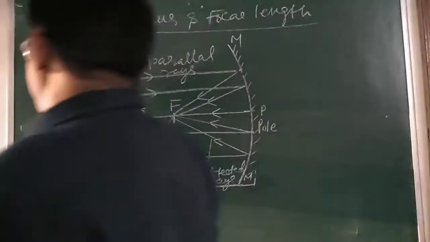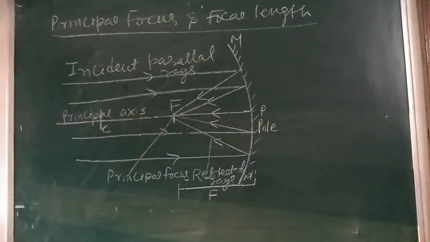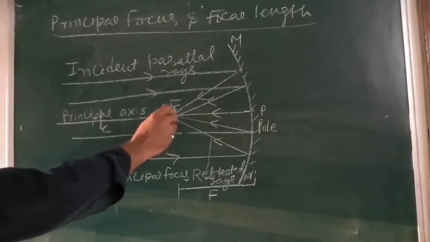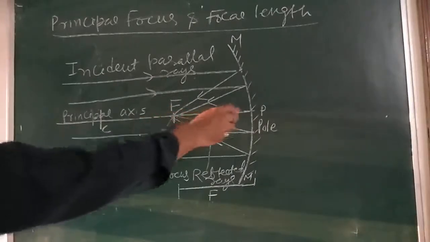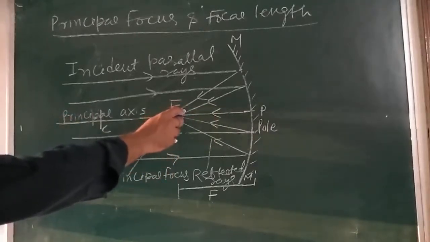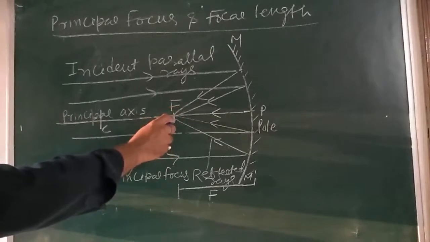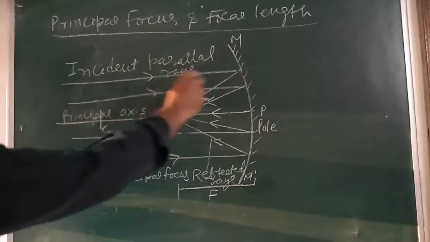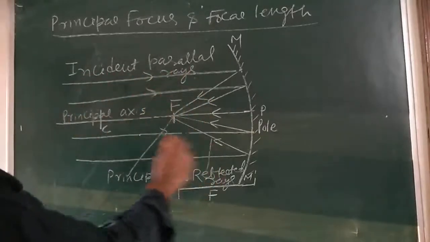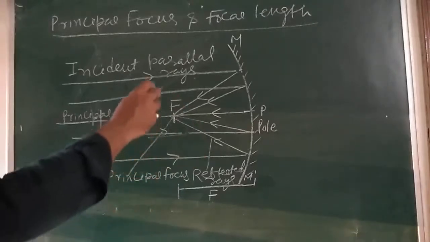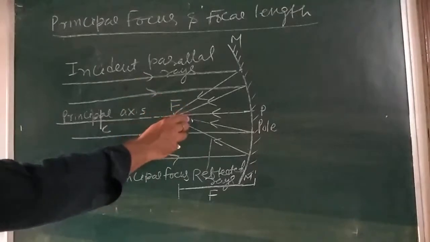See the figure, and I can say, dear children, the principal focus of a concave mirror is a point on the principal axis of the mirror at which the rays of light incident on the mirror in a direction parallel to the principal axis actually meet after reflection from the mirror.